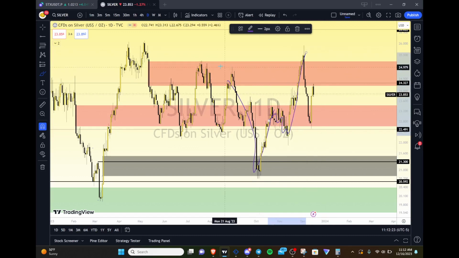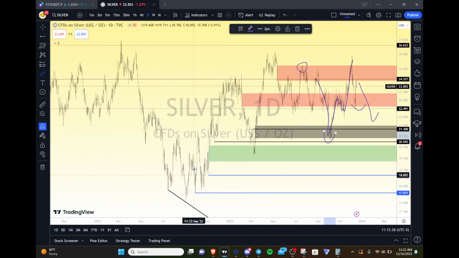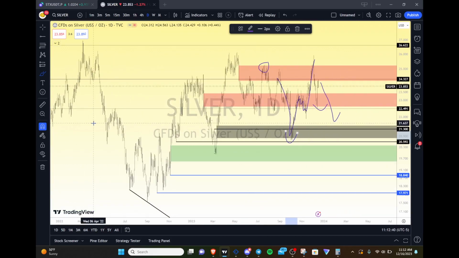And this continuation did take out a protected high that led to this lowest low. So we are going to be looking for signs of a higher low. Now, we may have gotten it right here, but let's just say silver breaks down to here, as long as this low is protected, the door for continuation to prices around 27 is open for sure.